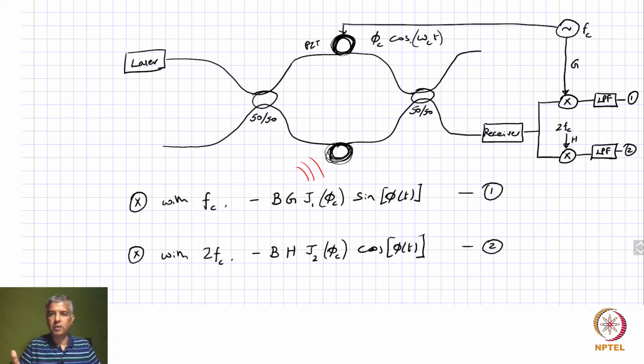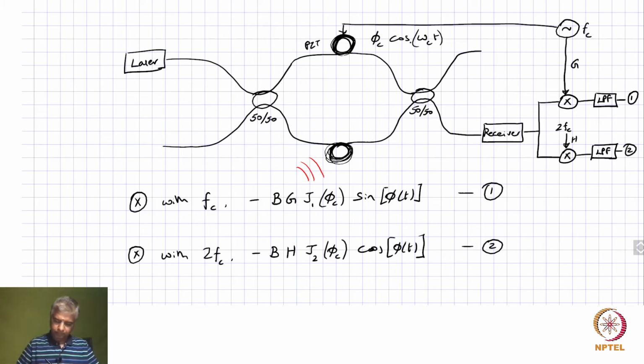You can choose whatever value of carrier frequency you want, right. So there were no strings attached. The only thing you were looking for was to go to a frequency which is well outside of your 1 over f noise, the pink noise or the flicker noise, and so you typically went to 10 kilohertz or something like that.